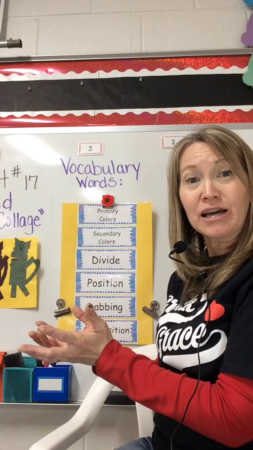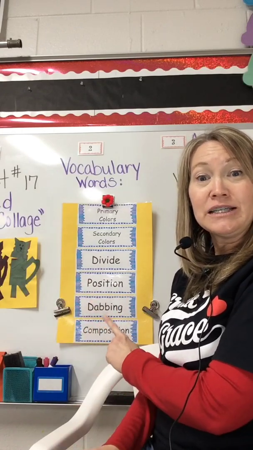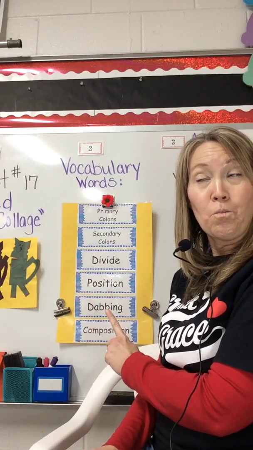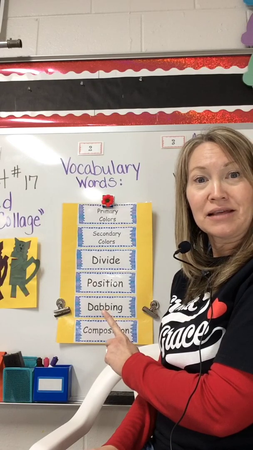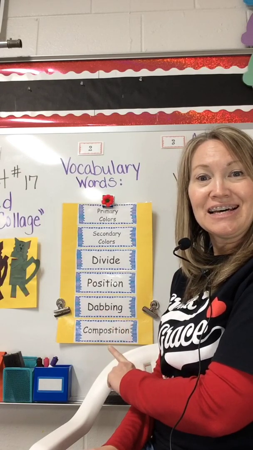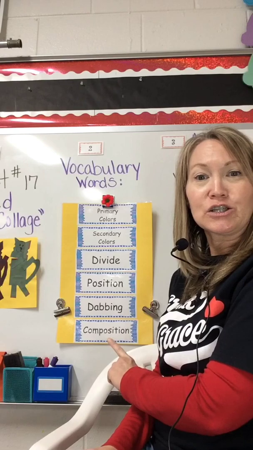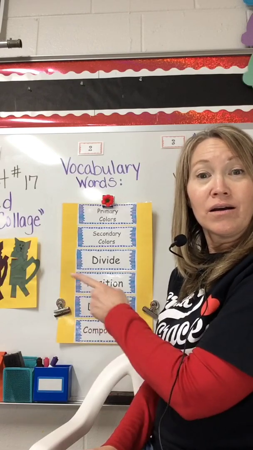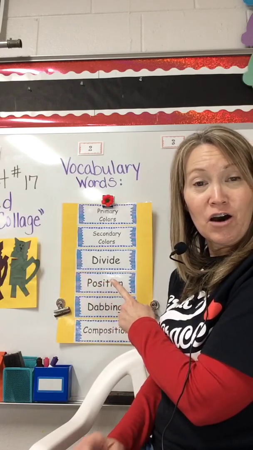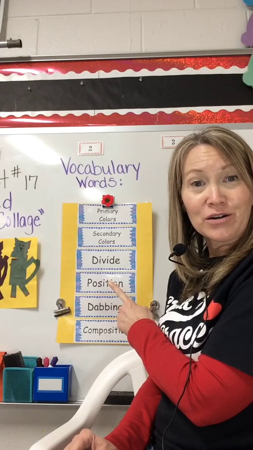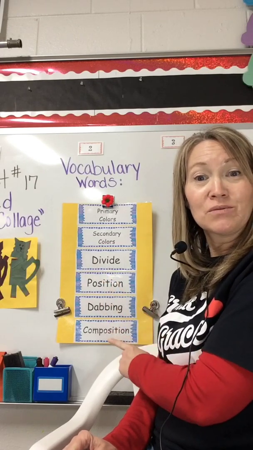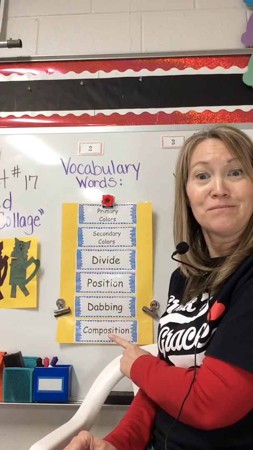That's where something is placed in the composition. Dabbing. That's a new technique. And composition. So, the position of different subject matter in our project helps with the composition. Yeah, so we'll talk more about that.